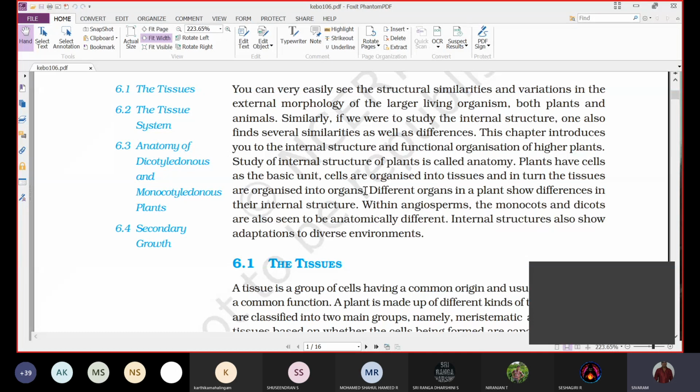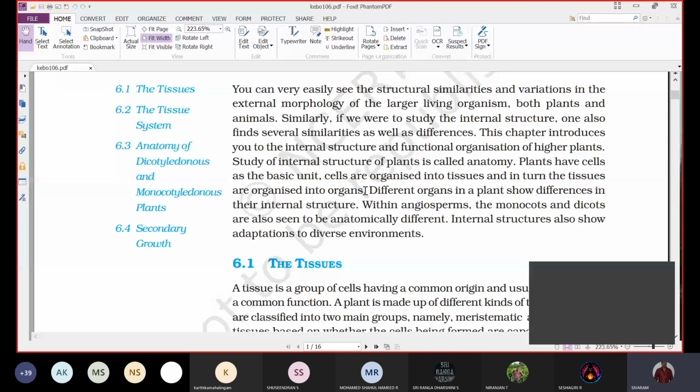We don't find the organ system level. So we'll find cells grouped and organized to form tissues, and the tissues grouped and organized to form organs.